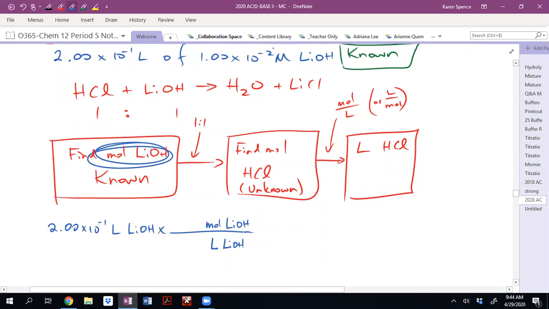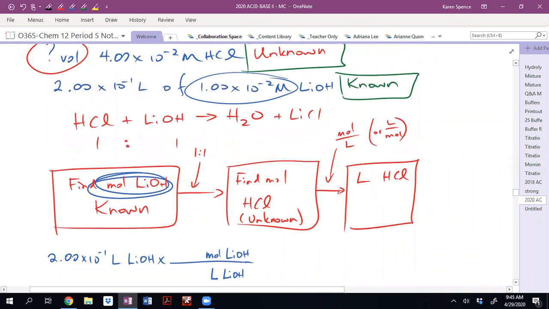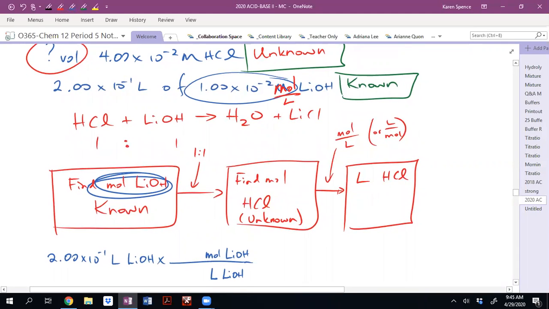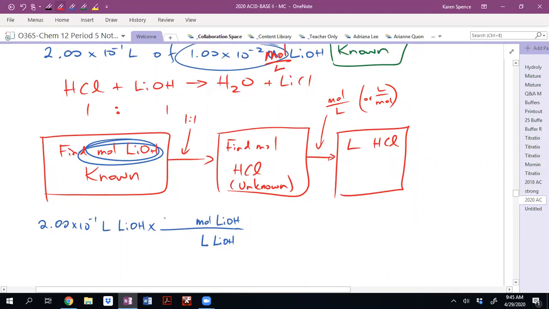And so we are told that we have 1.00 times 10 to the negative 2 molar. Well, remember, molar means moles per liter. So we have 1.00 times 10 to the negative 2 moles of LiOH per liter. We have a 1-to-1 ratio. We end up using 1 mole HCl for 1 mole lithium hydroxide.